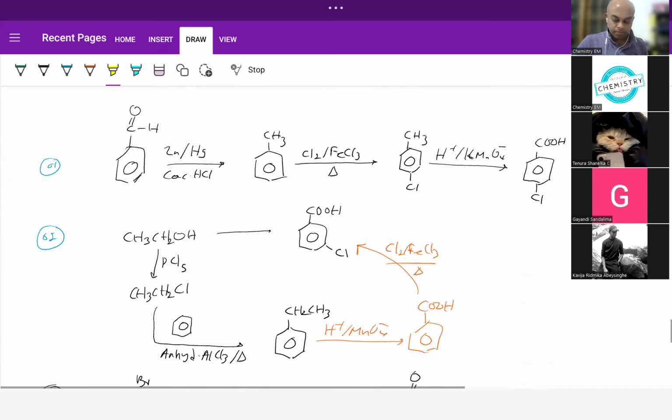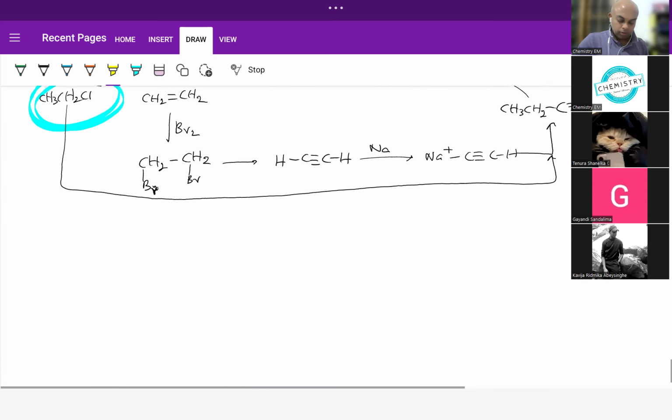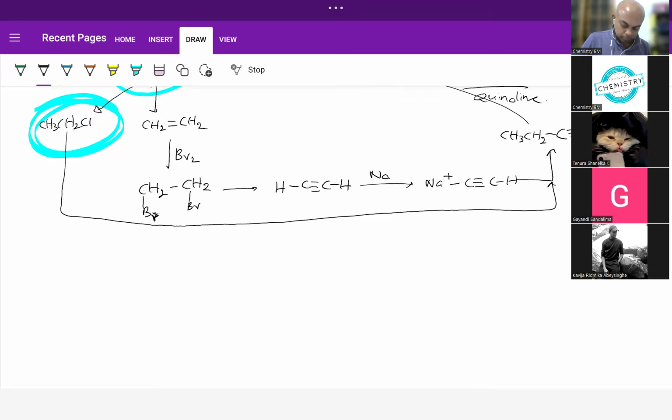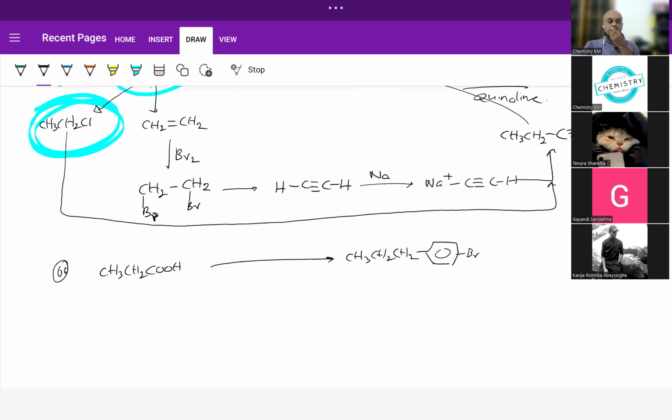Then the sixth question. Sixth question is we need to convert CH3, CH2, C double bond OH. This has to be converted into CH3, CH2, CH2, bromine. So this also has to be done with, yes, very good.